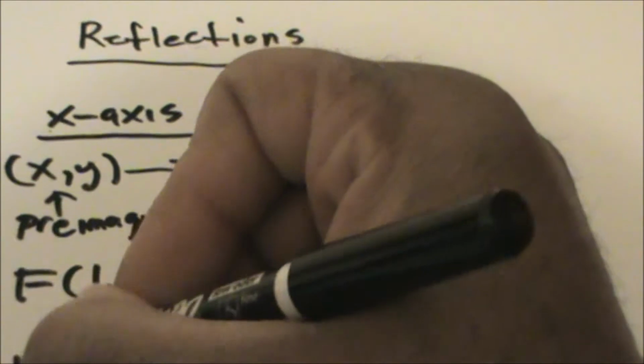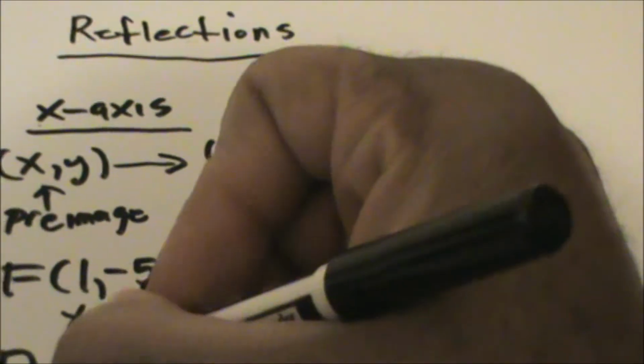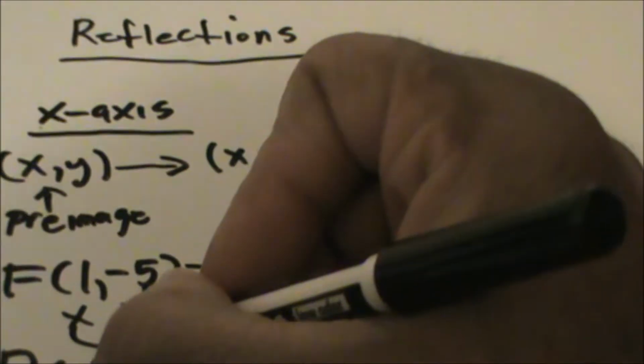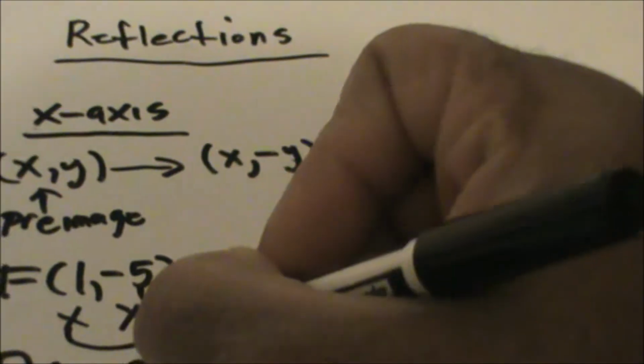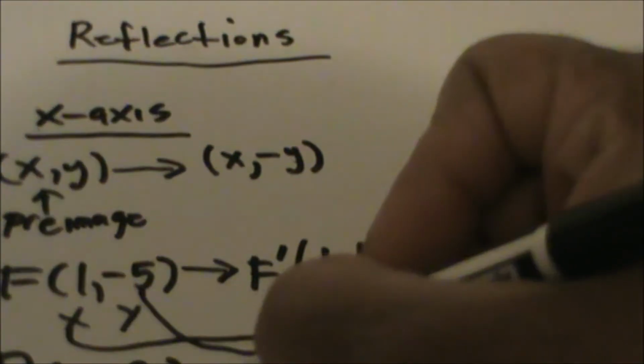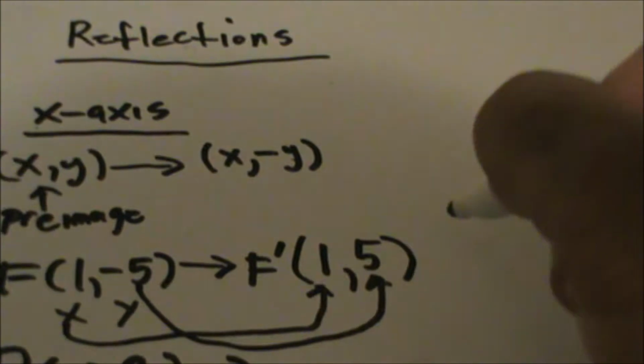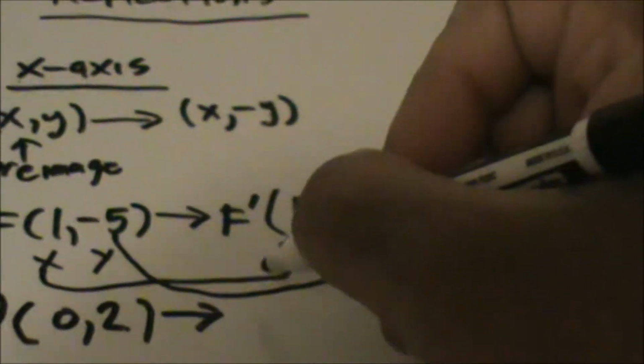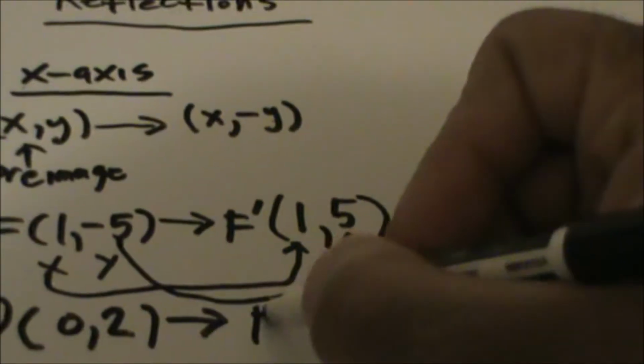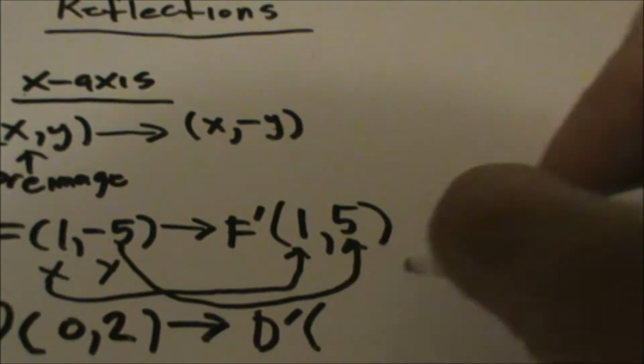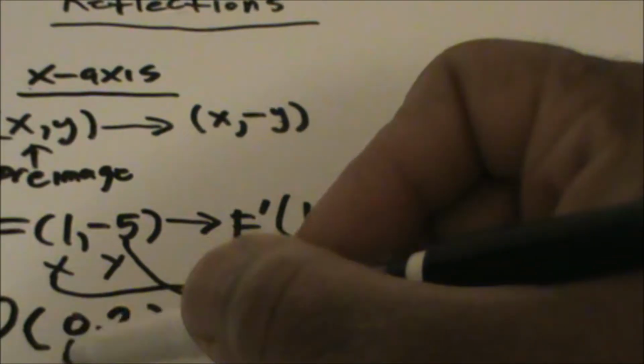Alright, here's another example. I'm going to do the D value. This is the pre-image, which is 0, 2. Now in its D prime, of course, x is always, in this case, 0.